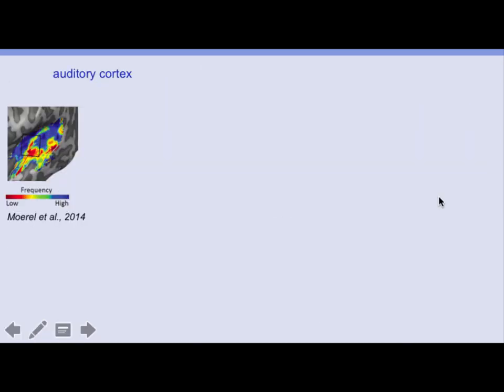There has also been some work in the auditory cortex, I think mostly pioneered by the Maastricht group, where they look at different dominances for different auditory frequencies. And right on top of the Heschl's gyrus, you see that most of the columns are sensitive to low pitches, low acoustic frequencies, and going away from that, they shift towards predominantly responding to high acoustic frequencies.